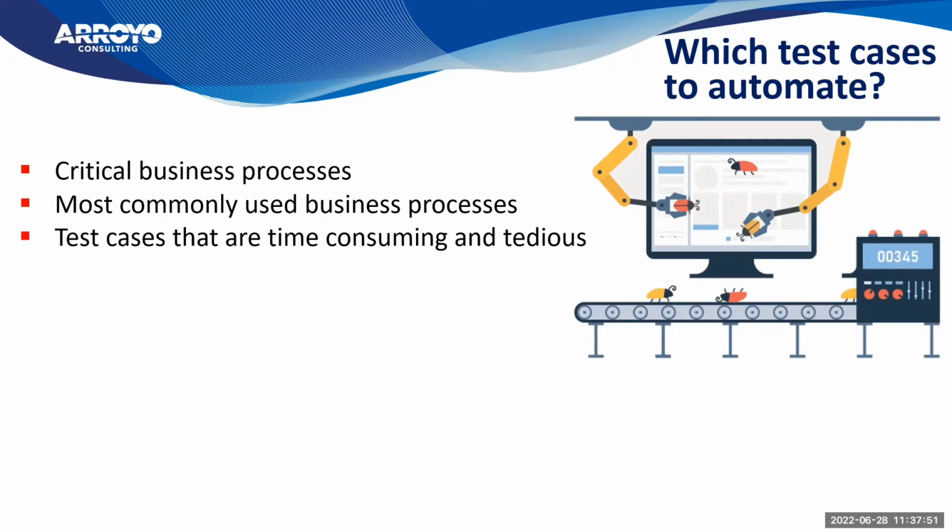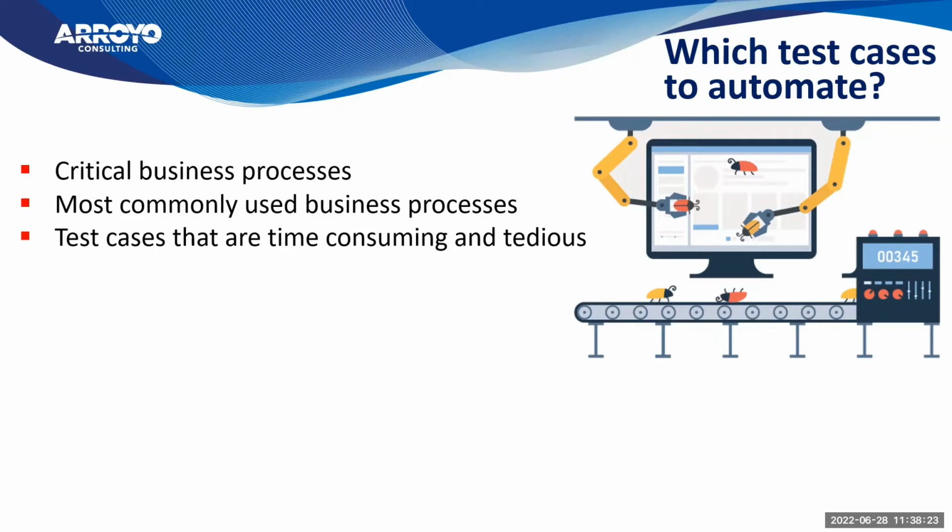The other is test cases that consume a lot of time or are tedious to do, because sometimes when you have to do this kind of validation manually, you avoid doing it because it is very difficult to do this kind of test.